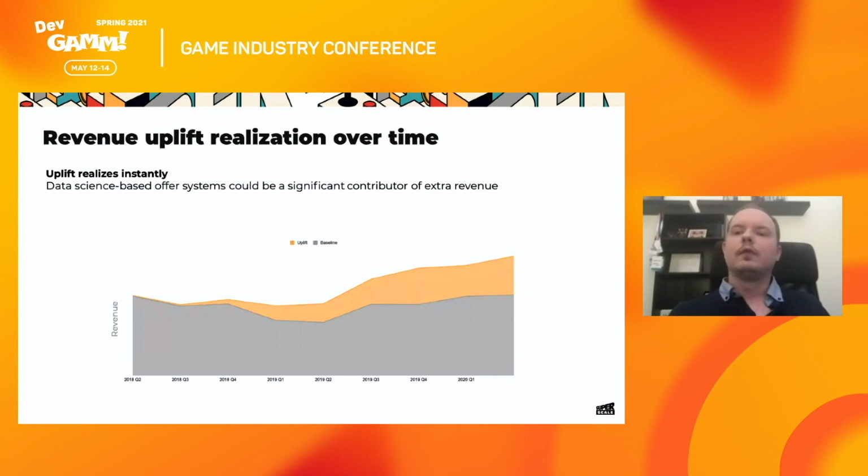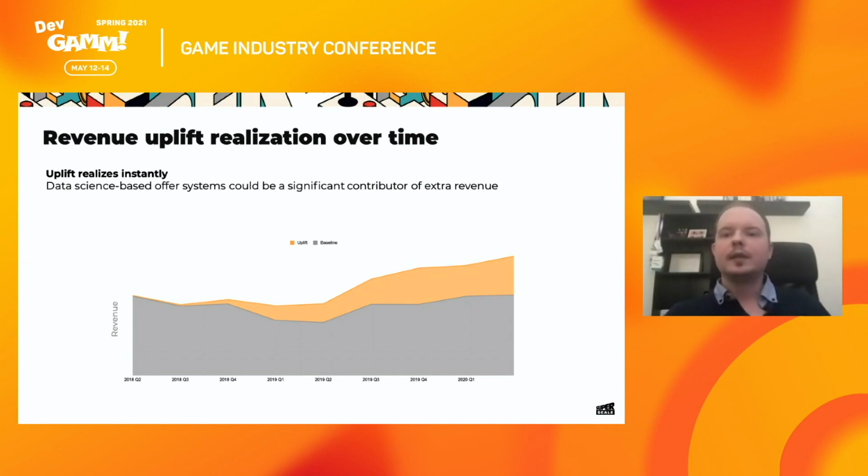What about the profit realization? So now we know that something like this can work. Now, how does this actually work in terms of time frame? This is interesting, I think, because as we change the special offer system based on data science, we can realize that uplift almost instantly.